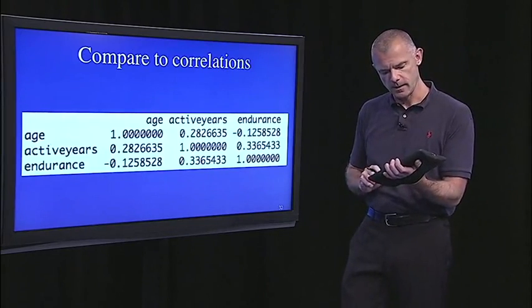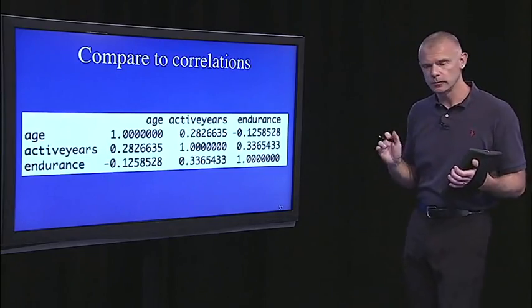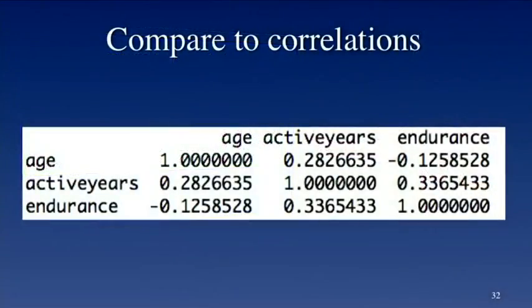And the last thing I wanted to do is just compare these standardized regression coefficients to the correlation matrix, because this is actually a way to check your work and make sure you're doing everything right. When you do the simple regression equations asking for the standardized coefficients, they should just equal the correlations.